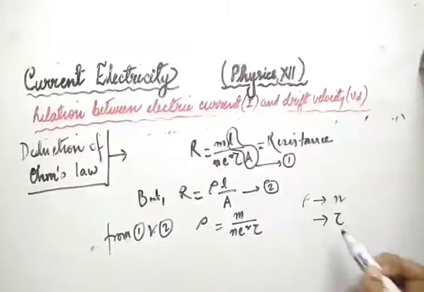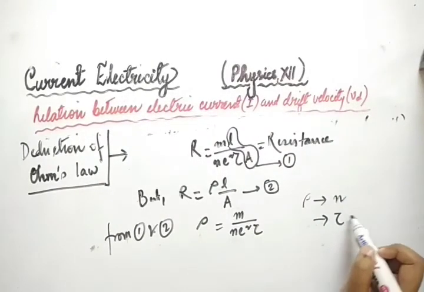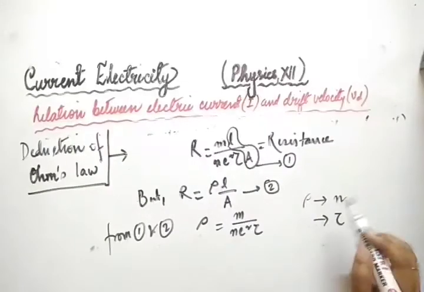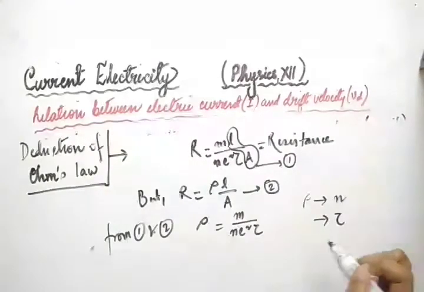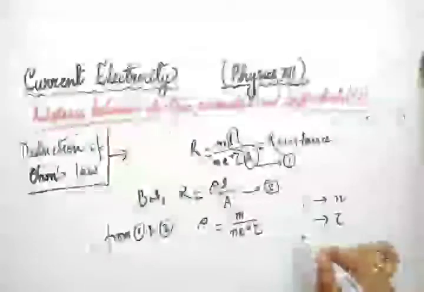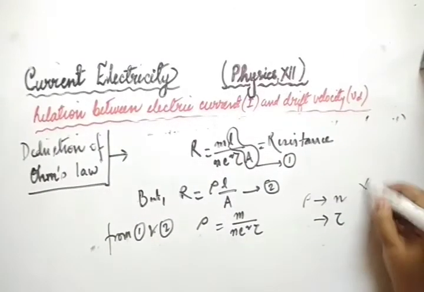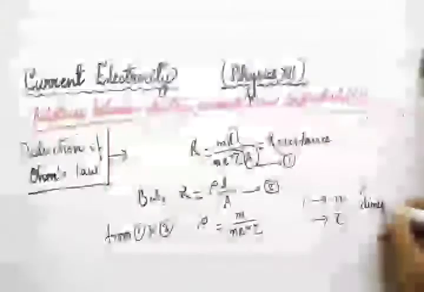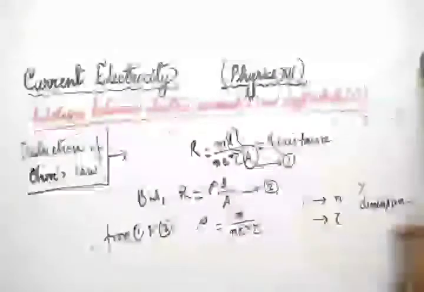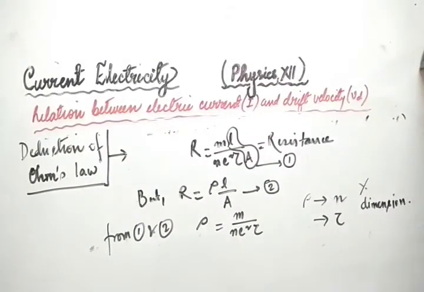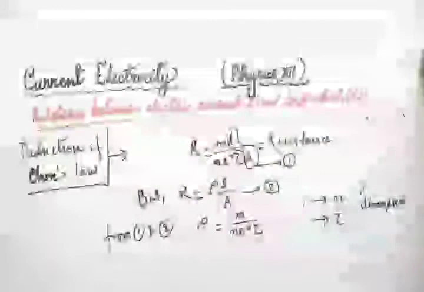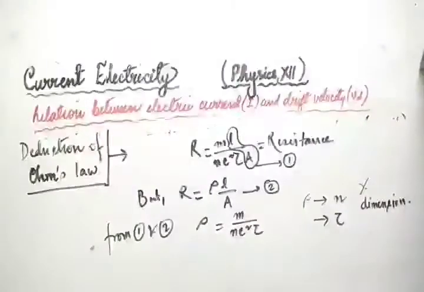So these two are the parameters on which the specific resistance depends, but it does not depend on the dimension of the conductor.